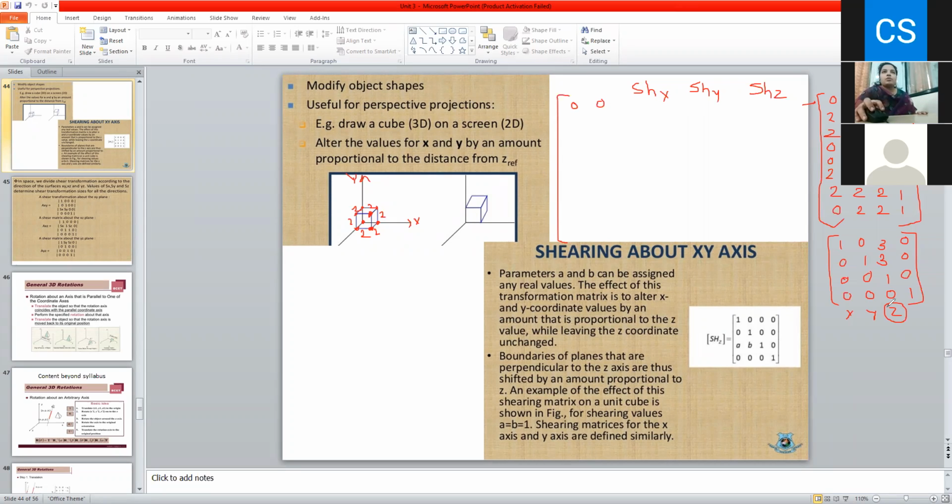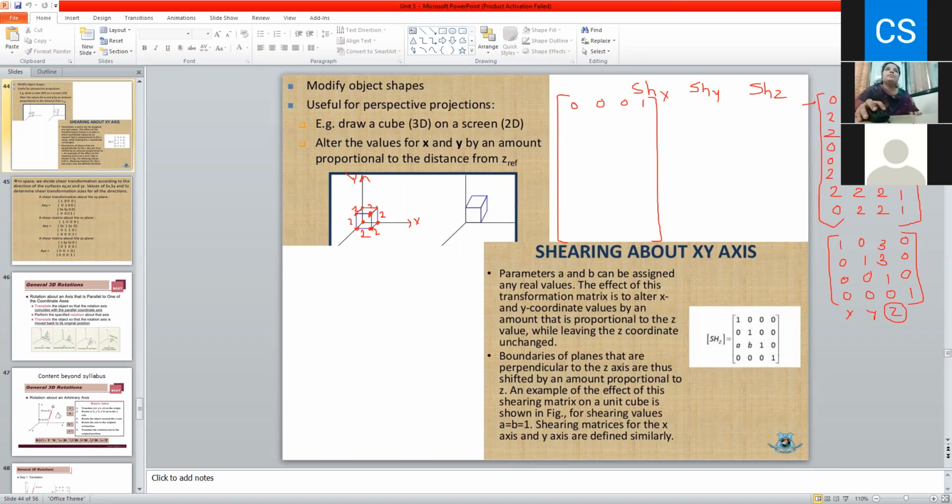Then first row and third column is also 0. And first row and last column is 1. Obviously, because origin is the first point and origin will not change. That is, 0 gets multiplied by anything will be 0 itself. Okay, so that will not change. You will have that point as it is.